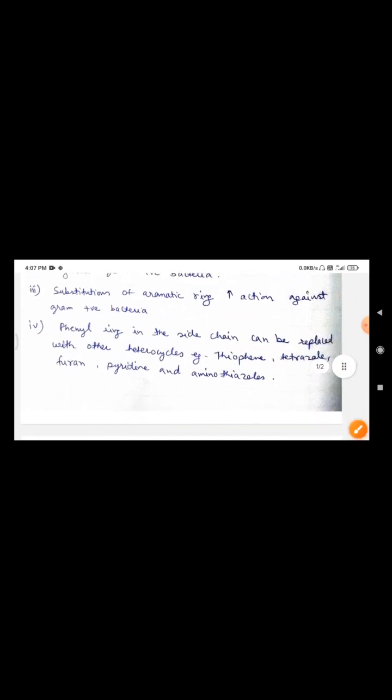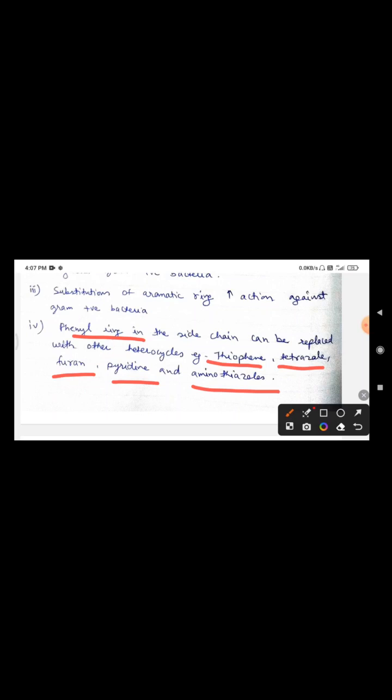The phenyl ring in the side chain can be replaced with other heterocyclics with improved spectrum of activity and the pharmacokinetic properties. For example, the thiophene, tetrazole, furan, pyridine and aminothiazoles are the heterocyclic rings which can improve the spectrum of activity and the pharmacokinetic properties of the cephalosporins.